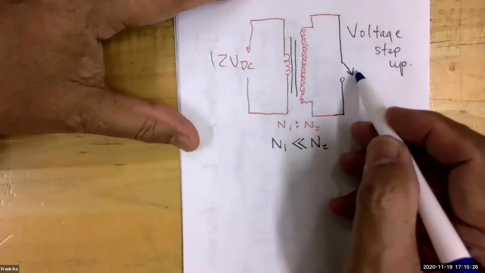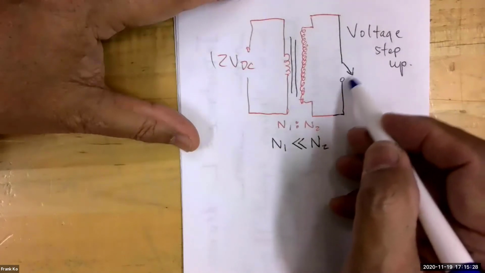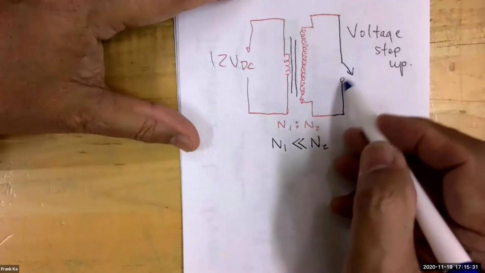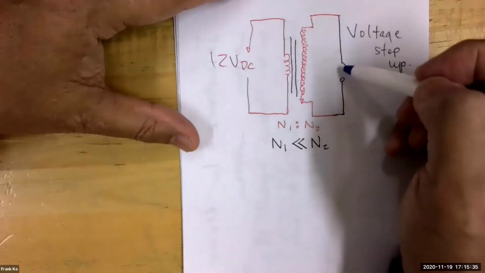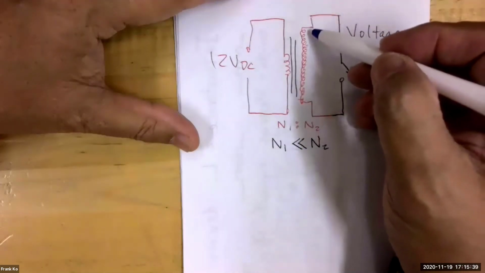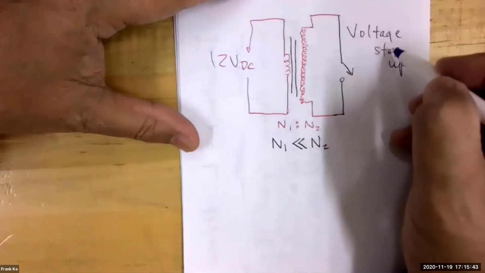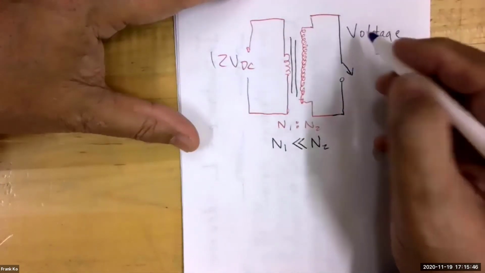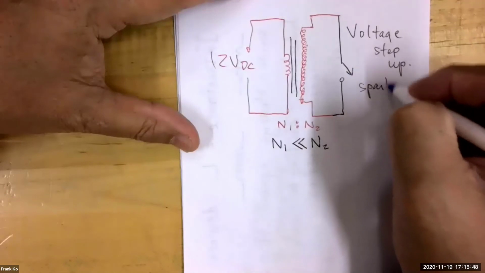So if I change the rate of how fast this thing goes open and close, by making this very, very fast, the voltage will be able to discharge with a very, very large voltage, large enough that it will spark is the idea.